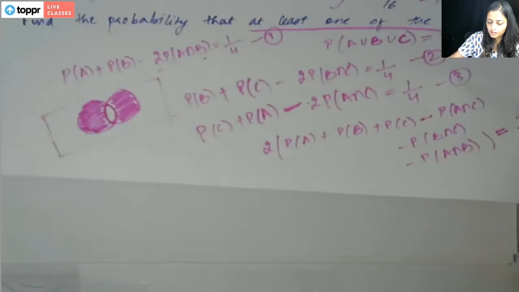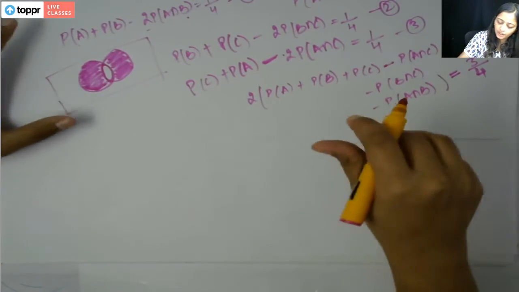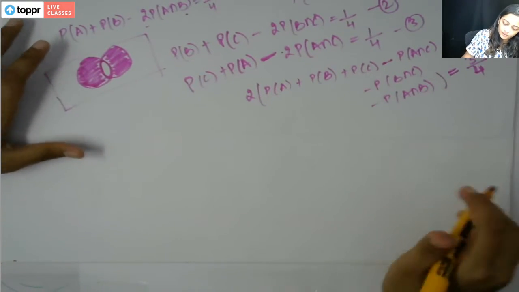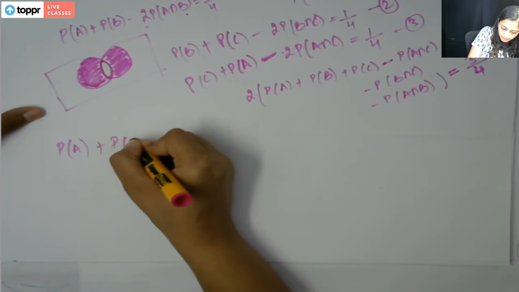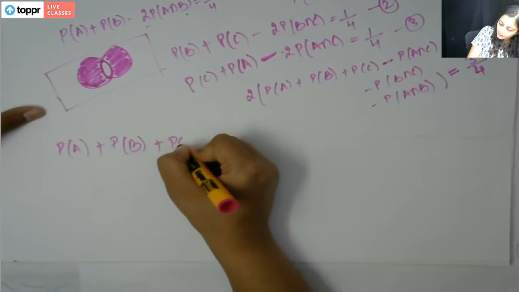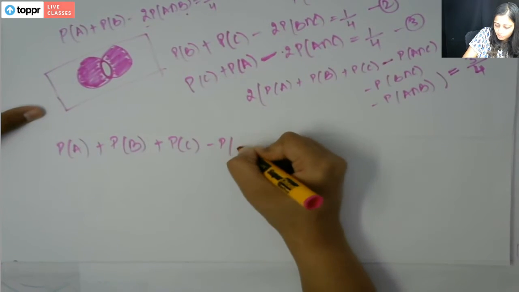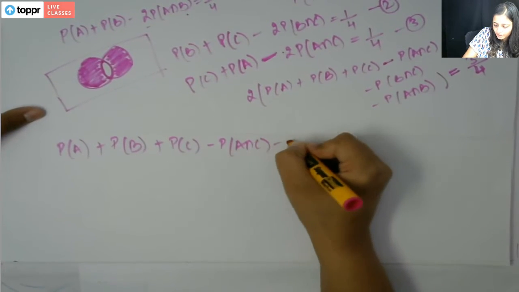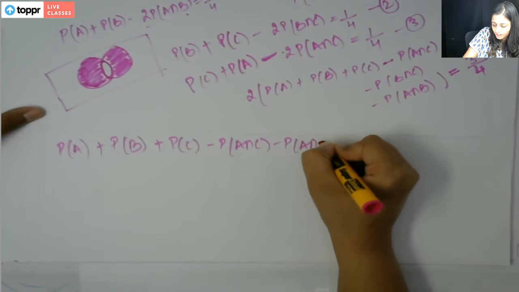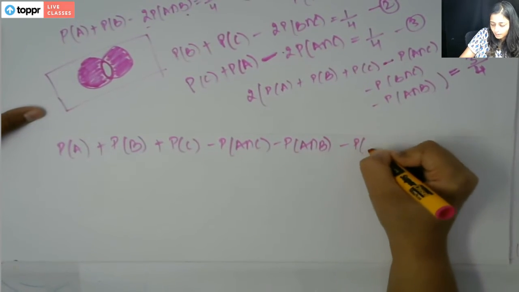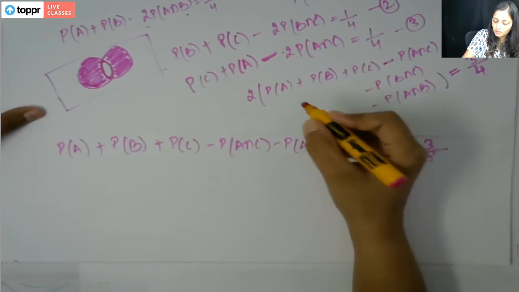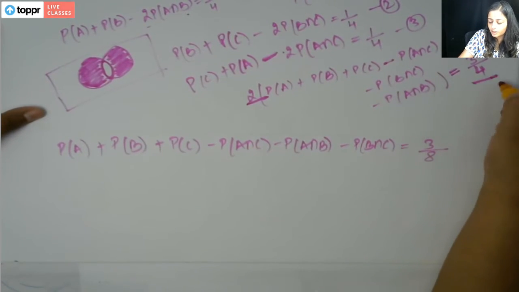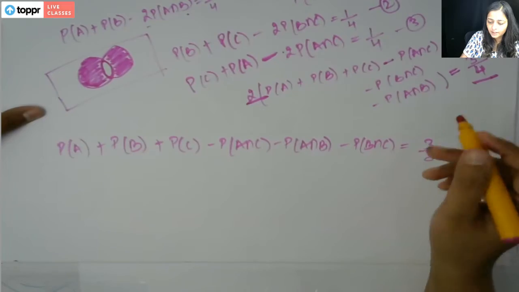Now from this, what do we get? We get that P of A plus P of B plus probability of C minus probability of A intersection C minus probability of B intersection C minus A intersection B is equal to 3 by 8, as this 2 will be multiplied by 4, so we get 3 by 8.